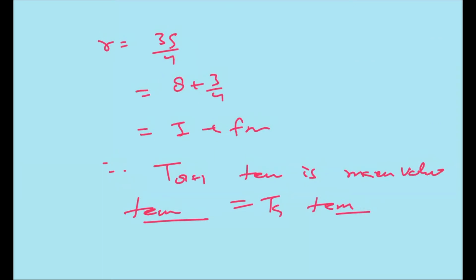So students, this way we can find the maximum value term if n is negative. So taking the common minus, we can leave the minus first, then you can find this value.